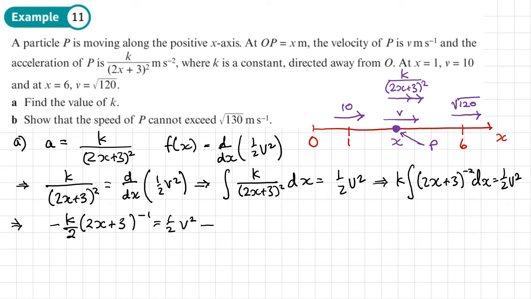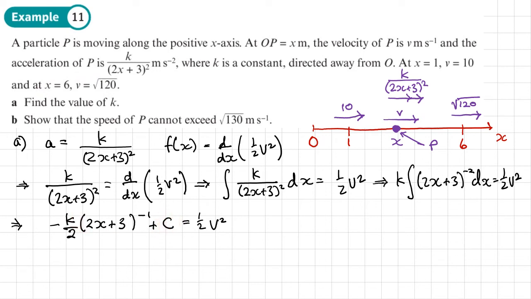So now we need to put in our constant of integration. So let's call this c is equal to half v squared. And I've been given 2 sets of information, and I need to plug in both because I've got 2 unknowns, the constant of integration and k.